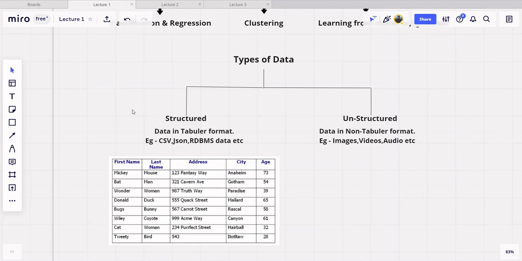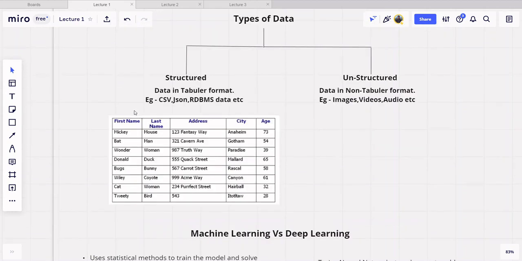Okay, so the main two types of data are structured data and unstructured data. Structured data is data which you can write in a tabular format basically. It could be your spreadsheet or any data which is in tabular format.